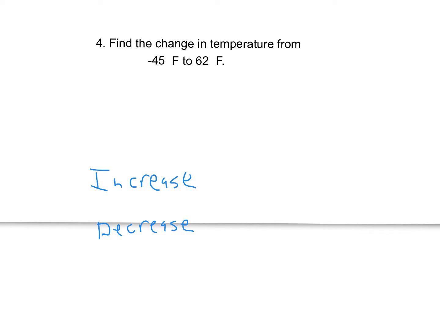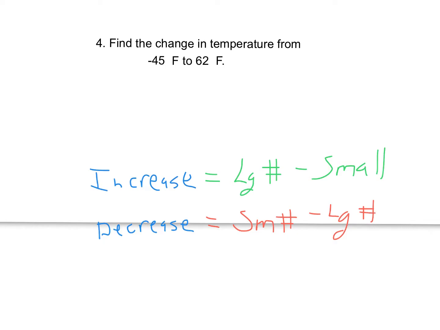If we are dealing with an increase in values, we're going to take the larger number and subtract the smaller number from it. Pretty simple. Now, if we are decreasing, meaning the value is going downwards, you take the smallest number and minus the largest number from it. Okay, so that's going to be the basis for what we are dealing with here.